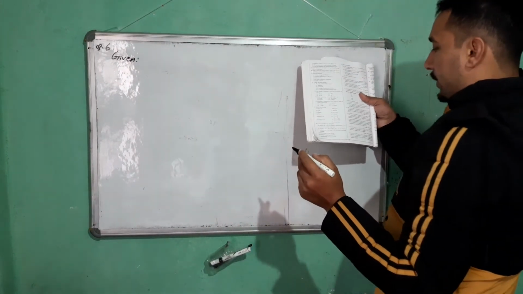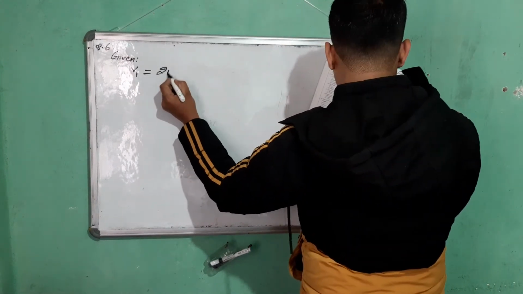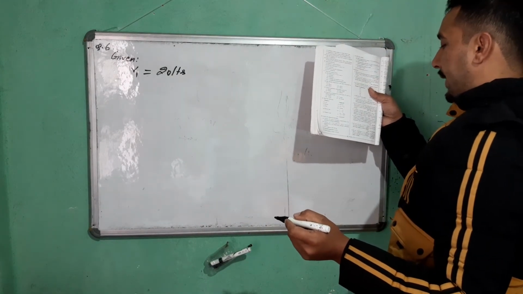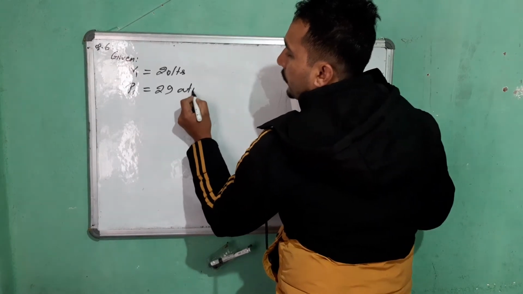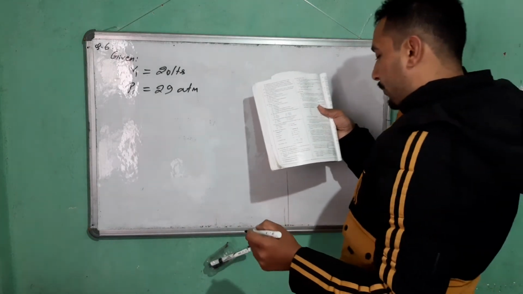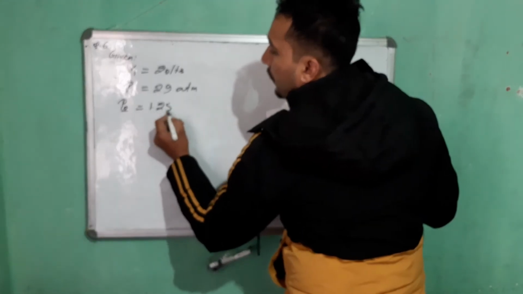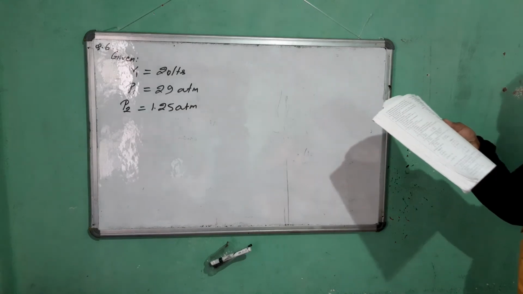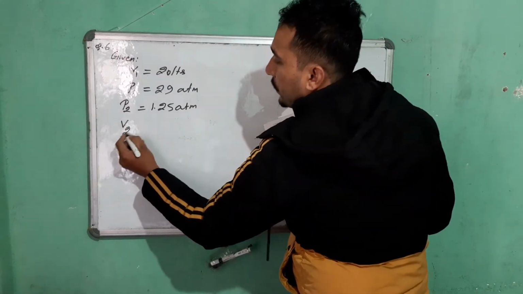Given a steel cylinder of internal volume, V1 is 20 liters, filled with hydrogen at 29 atmospheric pressure, so P1 is 29 atm. P2 is 1.25 atm at the same temperature. What volume? V2 we have to calculate.